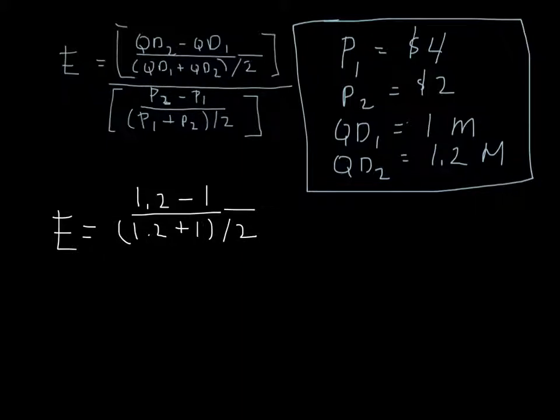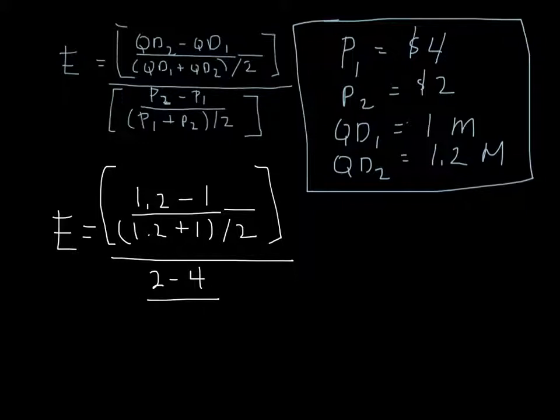And then that's all going to go over P2 minus P1, which is 2 minus 4. And that's going to go over the average P, which is 2 plus 4. Again, it doesn't matter what order we add those two numbers, but we're going to divide the sum by 2. And that's going to be an expression.